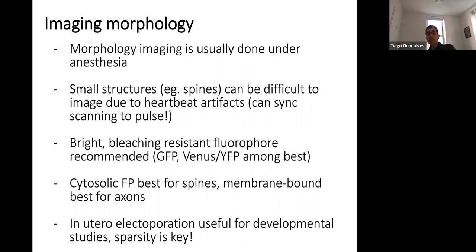And I don't know if you talked about this, Luke, but in utero electroporation, if you want to go very early in development, sometimes the best way to do this is to electroporate a construct in utero. So you take the embryos out, you inject, you apply a pulse, you put the embryos back into the mom, she gives birth, and then you can start studying immediately after birth. You can start imaging.